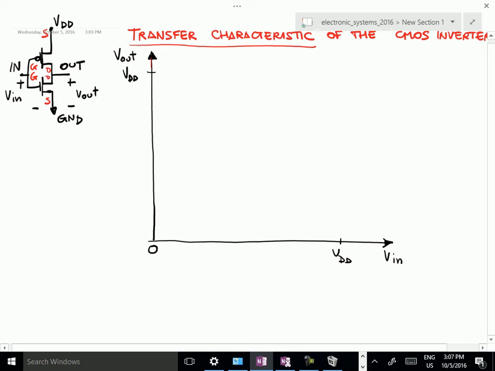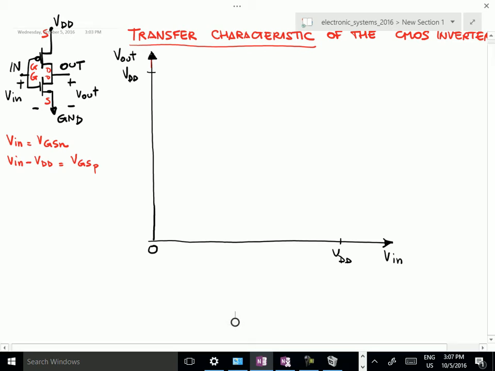So this means that V in is the VGS of the NMOS, and the VGS of the PMOS is V in minus VDD. Okay, so V in minus VDD is the VGS voltage of the PMOS.